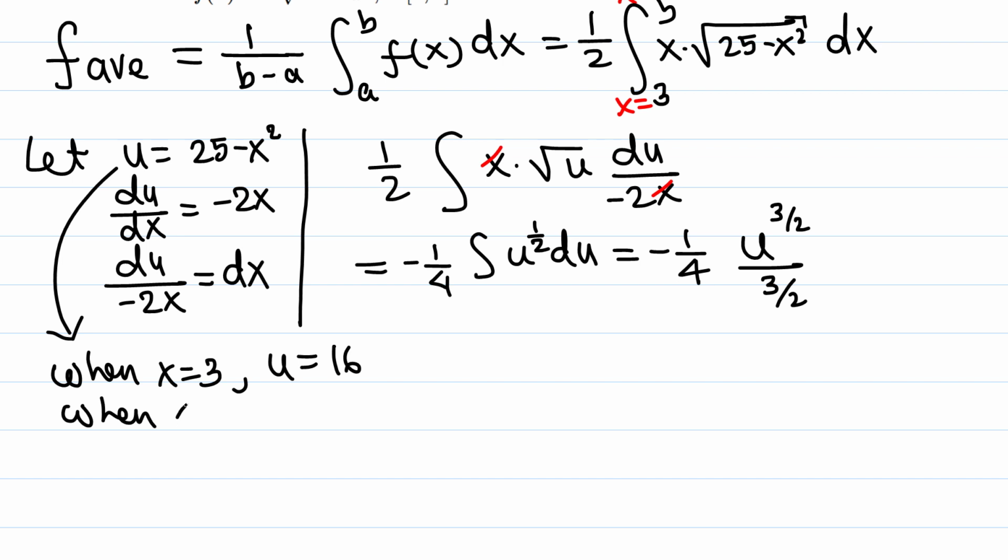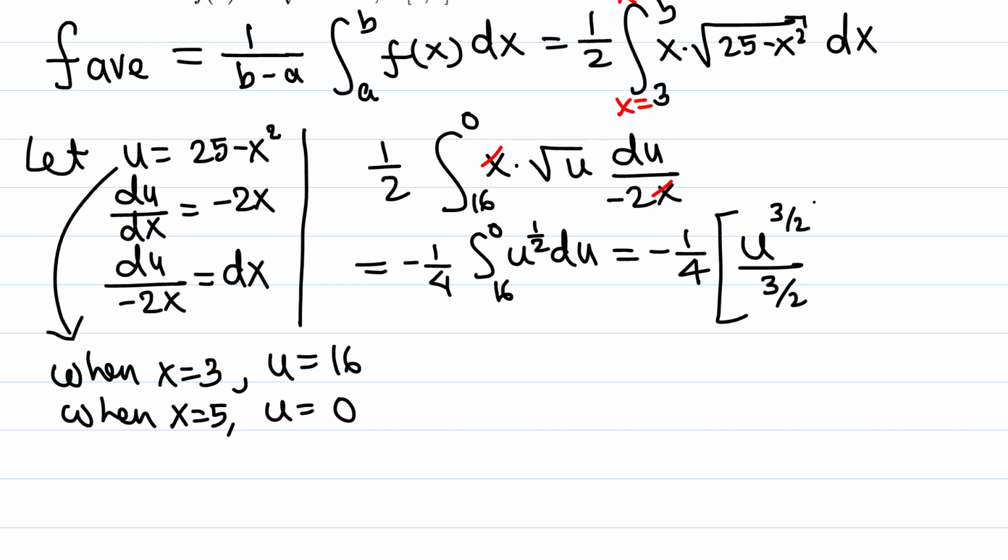And when x equals 5, u is 25 minus 5 squared, that's 0. So x equals 3 is the lower limit, which becomes 16 here, and 5 becomes 0. So that is 16, 0.